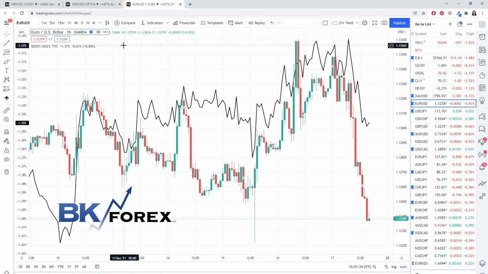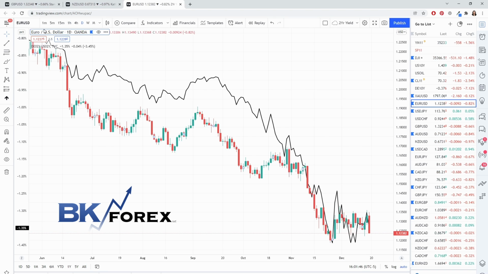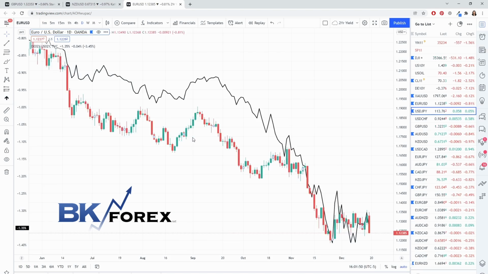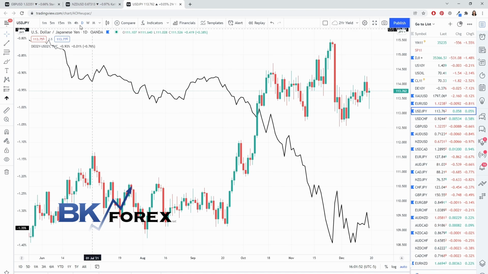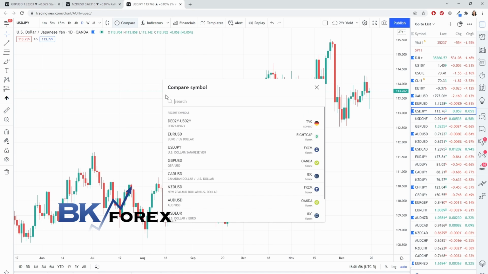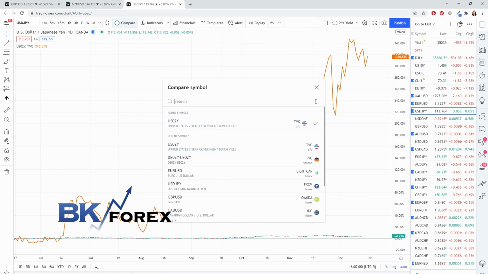So can we use the yield spread to predict the price action for other currency pairs? And the answer is yes and no. So let's take a look at this. So going back to the daily chart, we're going to change this to dollar yen. Dollar yen itself, and we're going to get rid of this yield spread because that's not the one we want. For dollar yen, all you really need is the 2-year US bond yield. That's good enough.